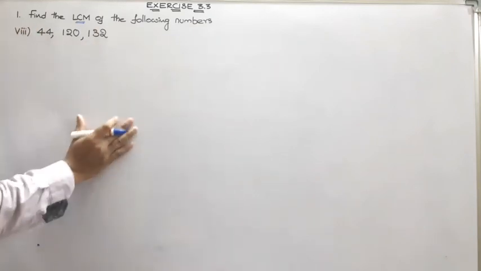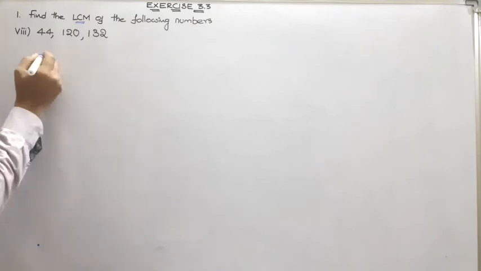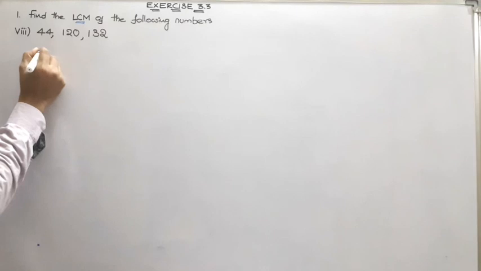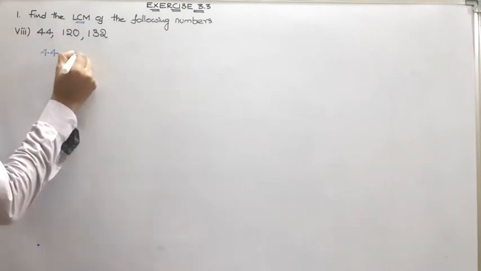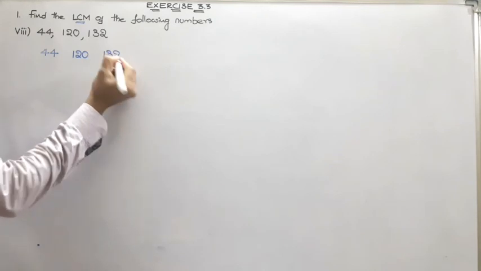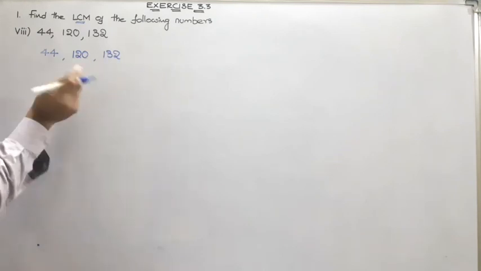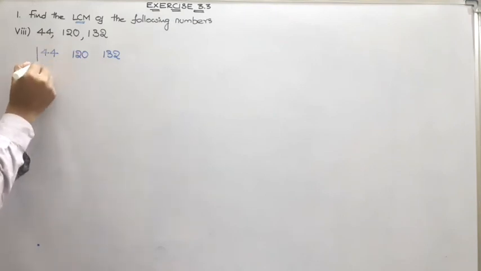So find the LCM of the following numbers. They gave 44, 120 and 132. As we have been writing, first 44, then the second number 120 and the third number 132. Some people will put commas, even that is also acceptable, nothing wrong in it.